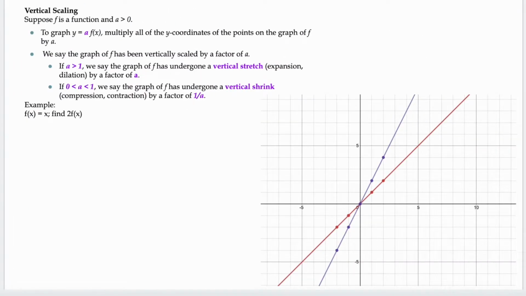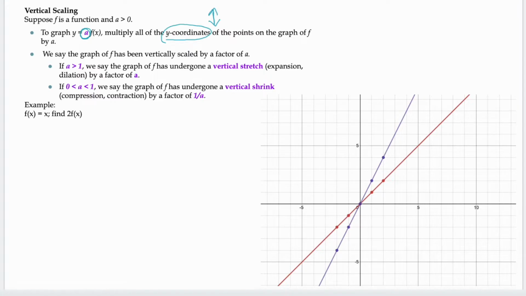We also might want to do some vertical scaling. Vertical scaling means we're going up and down, so this is going to affect the y-coordinates. If we want to stretch upwards or shrink downwards, this is going to affect our y-coordinates. What will happen comes from multiplying the outside of a function by a specific number.